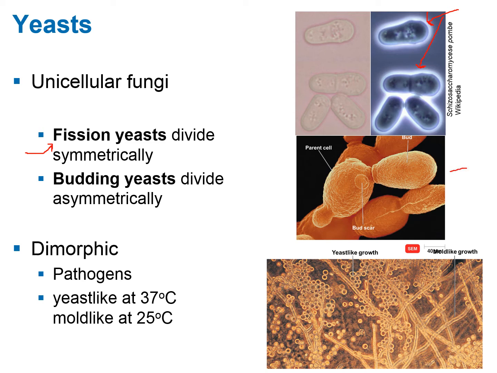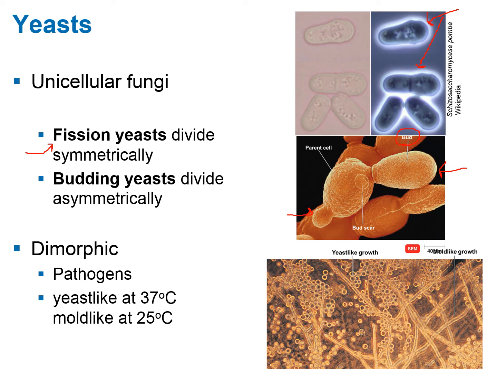But you also have budding yeasts. Saccharomyces cerevisiae, which is responsible for making bread and beer, is a budding yeast. Here, a little bleb or bubble forms on the surface of the yeast. The yeast cell fills that with cytoplasm and eventually a copy of its DNA. And then that little bleb grows and grows and grows, forming what's called a bud.